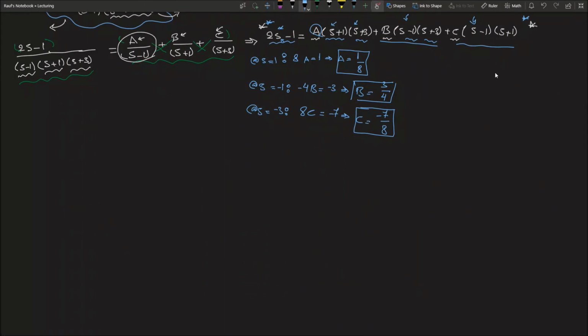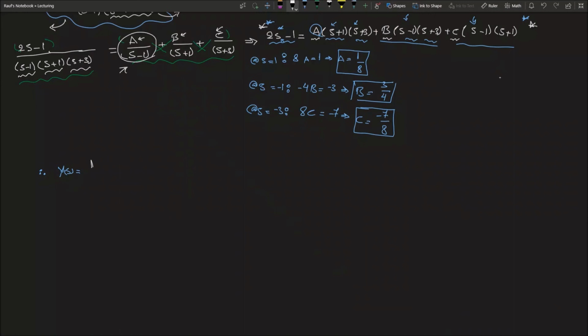Knowing those values, we can say that y of s equals a multiplied by 1 over s minus 1.